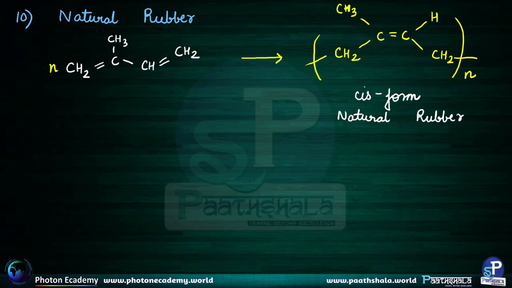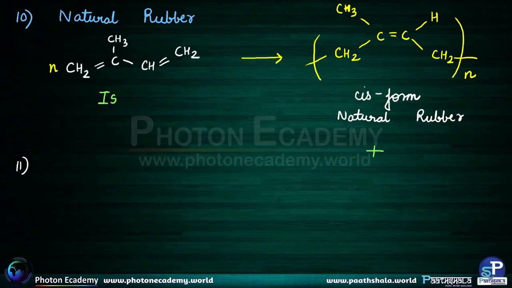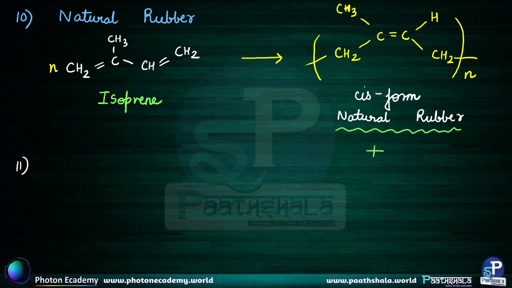Okay, here only we will see the 11th one also. So geometrical isomers are being developed. So the cis and the trans form both are being developed with the help of this isoprene that we had as a monomer. So polyisoprene is being formed. One is the cis form, that is natural rubber. The other is the trans form, which looks something like this again. So we have got CH2 group over here, and we've got C double bond C. Now the positioning is a little different.